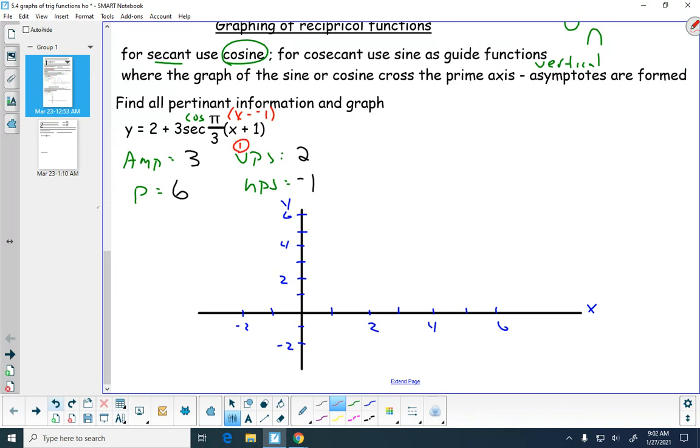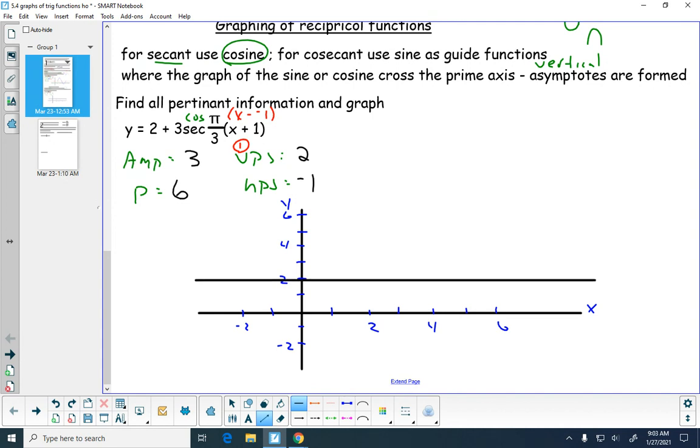First thing to take a look at, vertical phase shift, drawing your prime axis. Second thing we take a look at is our horizontal phase shift to where our start value is.